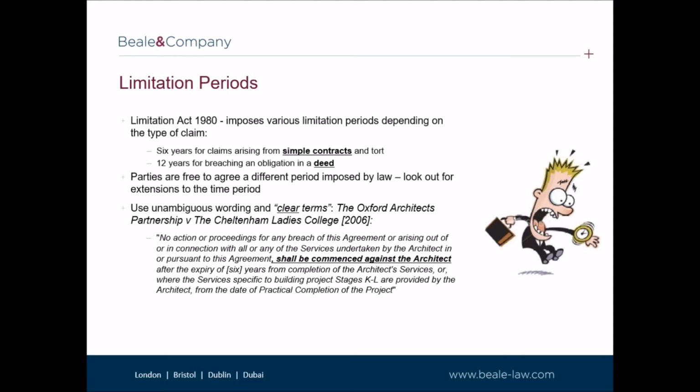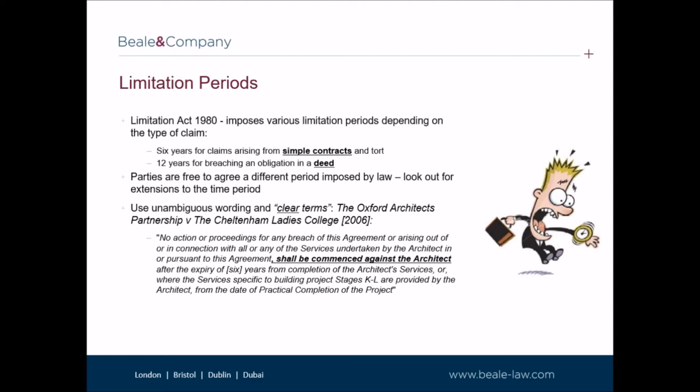The college commenced proceedings on the 25th of November 2004, just within the 6-year period stated in the contract. The architects argued that the claim was statute barred under the Limitation Act because the actual breach and accrual of damage had occurred before PC, and that the proceedings were brought out of time given that more than 6 years had passed since the breach or the accrual of damage.